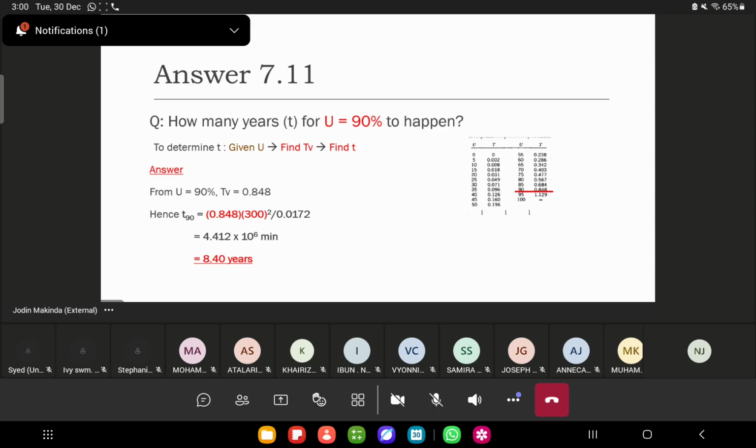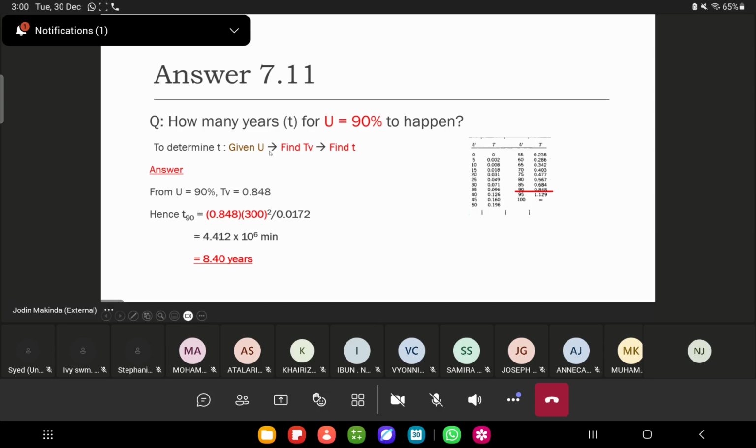How many years does it take for 90% to happen? So apa yang kita ada? You are given U 90%. You have to find T, time. So what you can do?